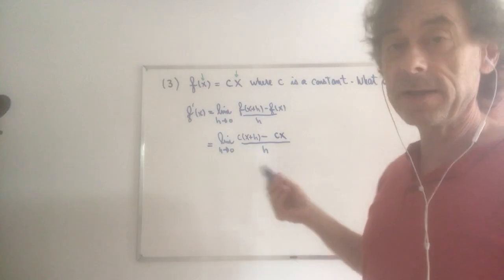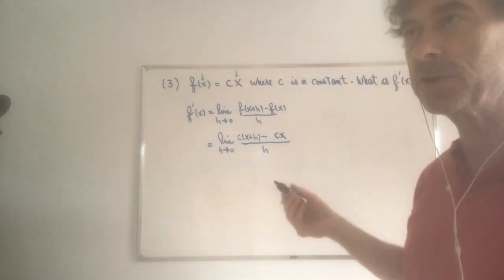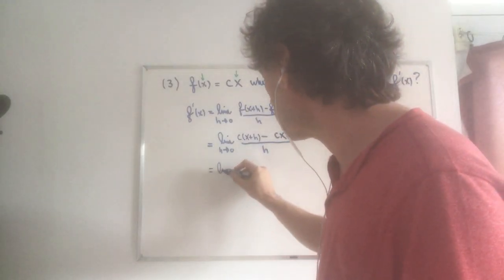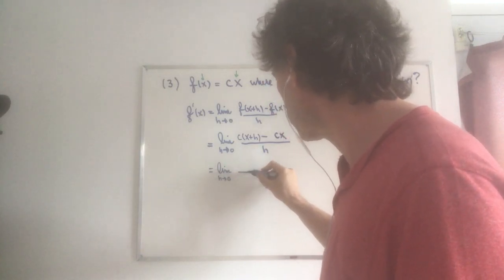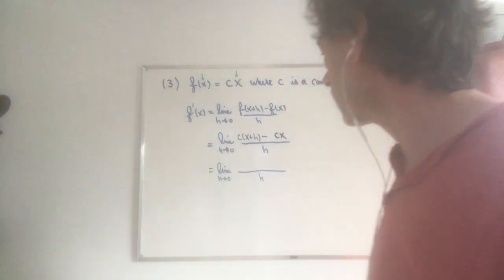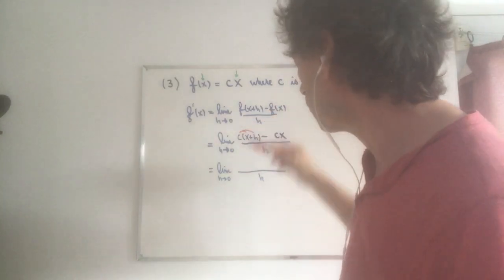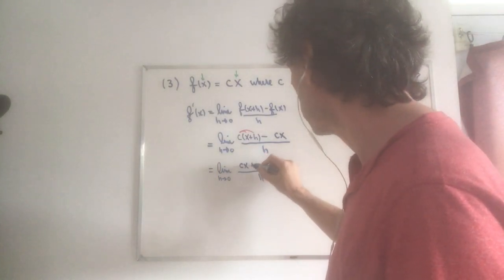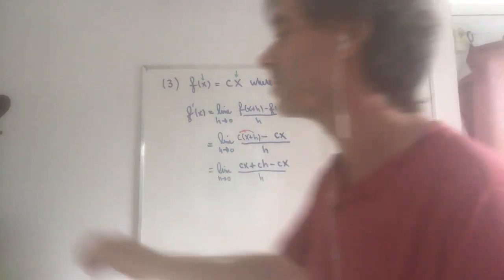Okay, well, once again, I didn't mention it before, but as you know, when we start the limit definition, we always start with 0 over 0. We would get that certainly at this stage. You can verify it. And we are going to try to see if we can simplify this a little bit. So, the obvious thing to do here is to expand this bracket. And we're going to get cx plus ch minus cx.